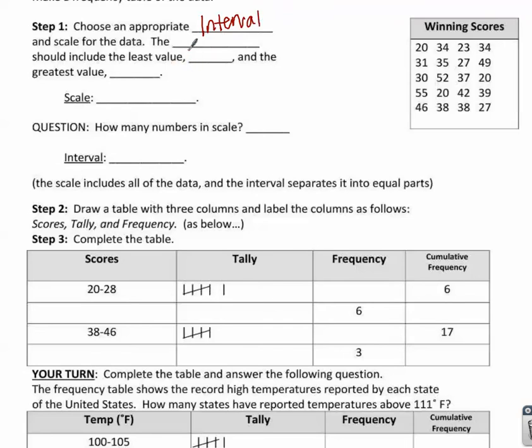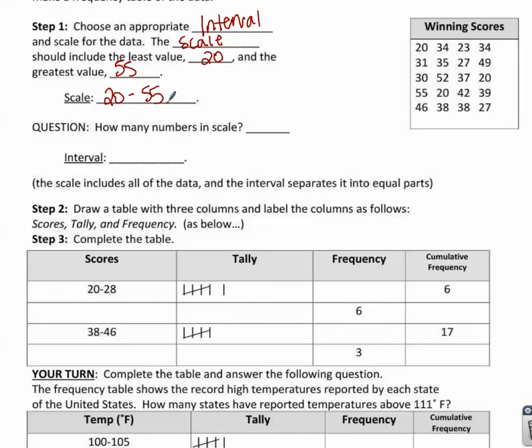The scale should include the least value, which in our case is 20, and the greatest value, which is 55. So your scale needs to reach from 20 to 55.